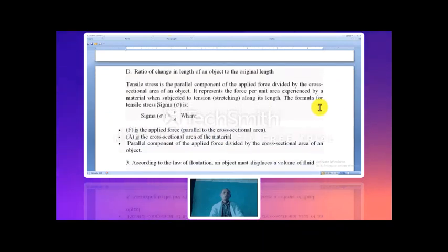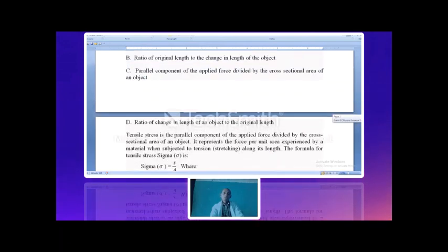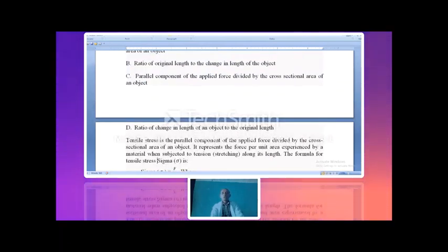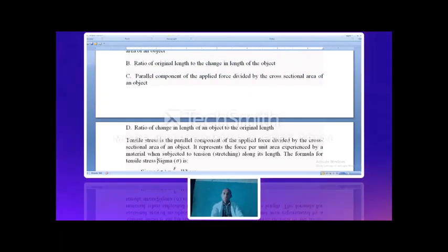The equation is sigma equals F over A, where F is the applied force and A is the cross-sectional area of the material, the parallel component of the applied force divided by the cross-sectional area. So from the given choices, the correct answer is C. C says that parallel component of the applied force divided by the cross-sectional area of the object. Next question.